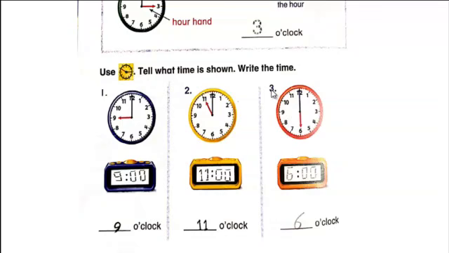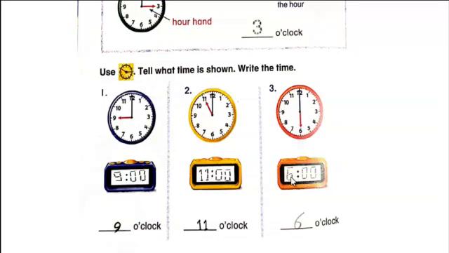Example number 3, the hour hand points to 6. So on a digital clock, on the left side, you will write the hour, and the hour here is 6.